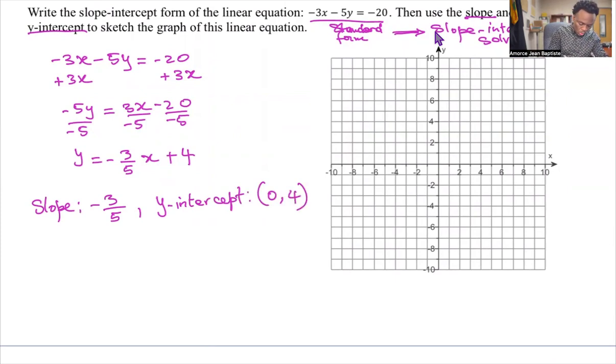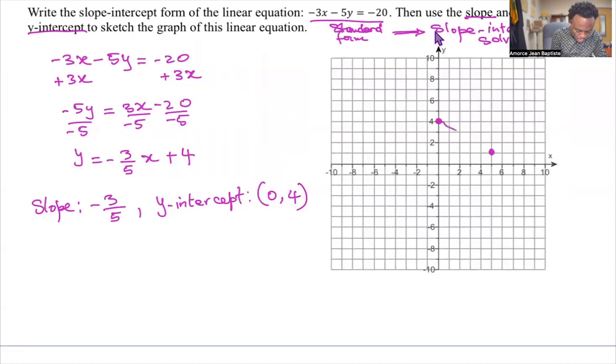So 0, 4. Negative, so we go down 3: 1, 2, 3, and then over 5 to the right: 1, 2, 3, 4, 5.